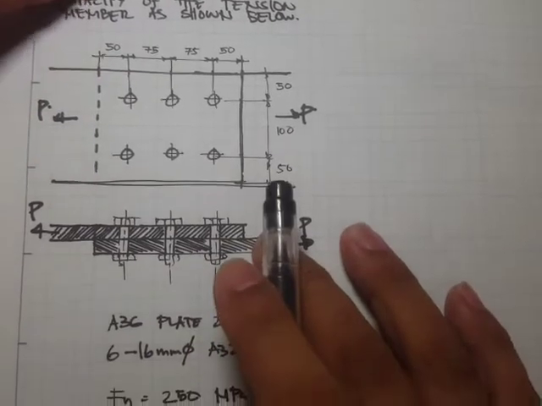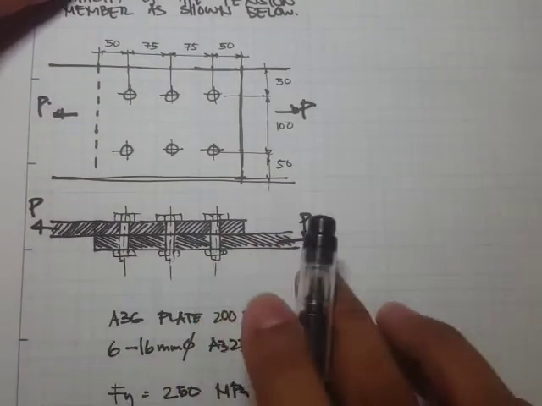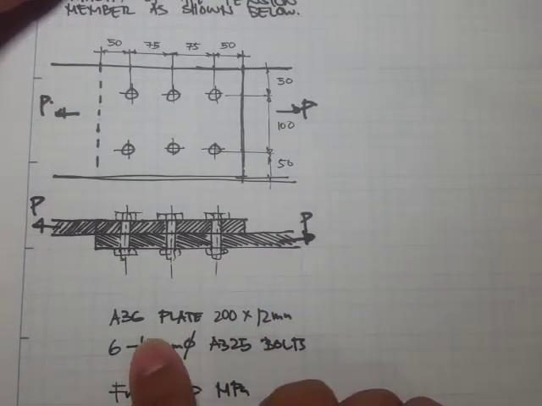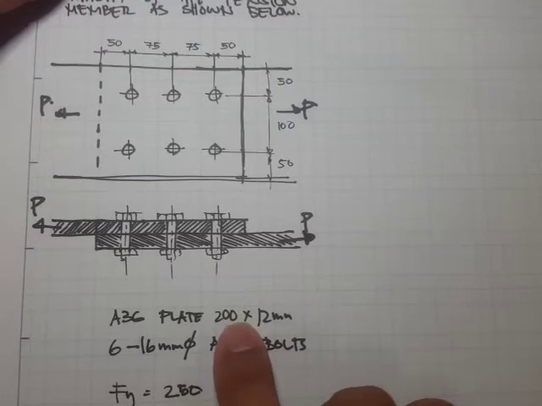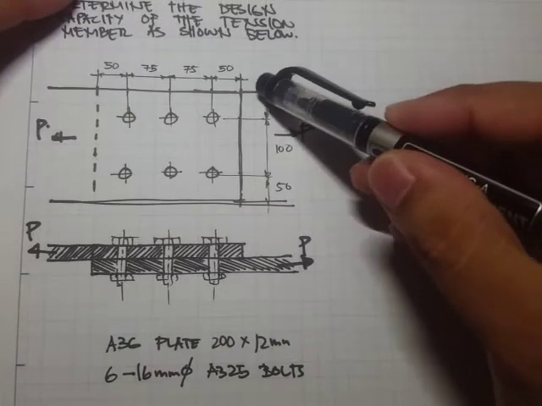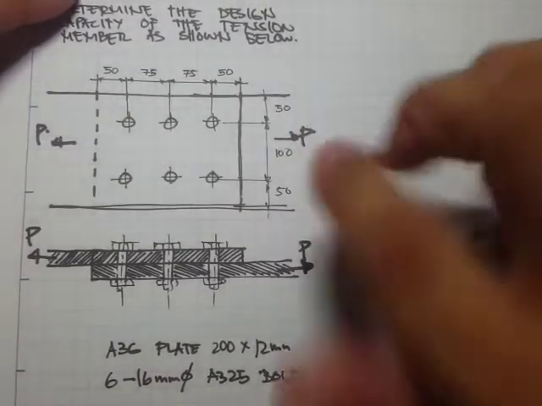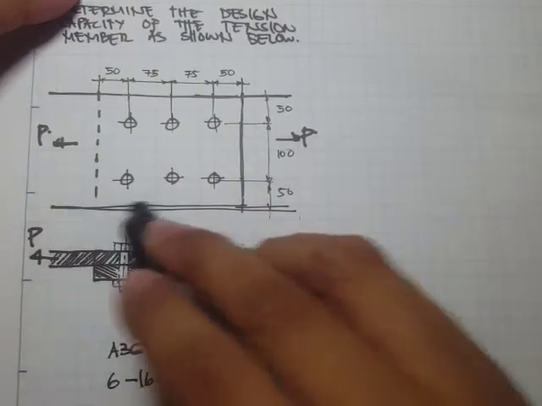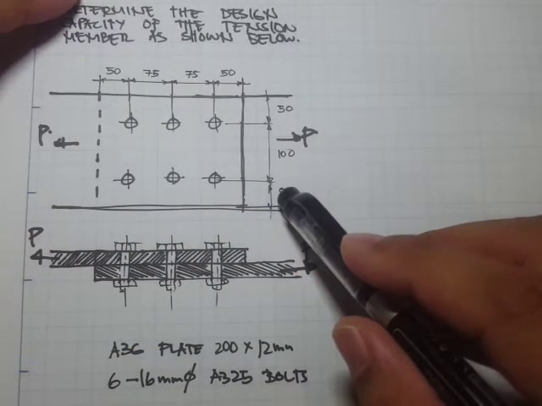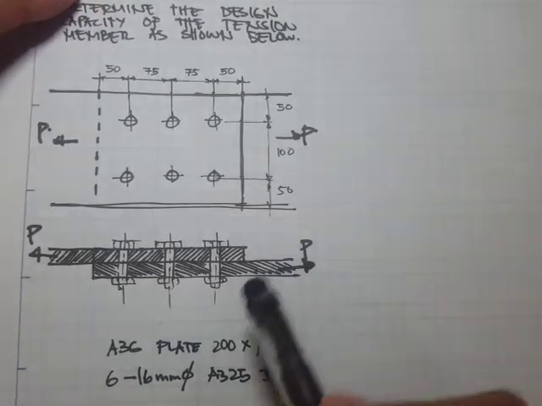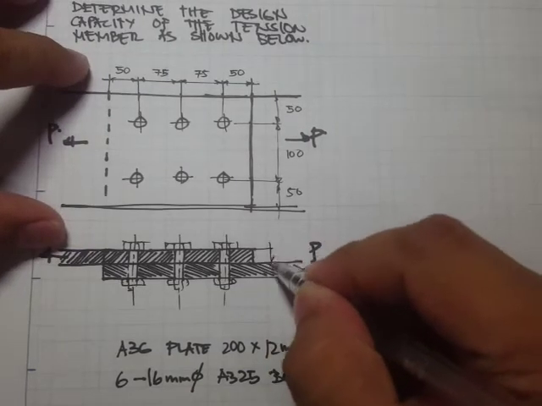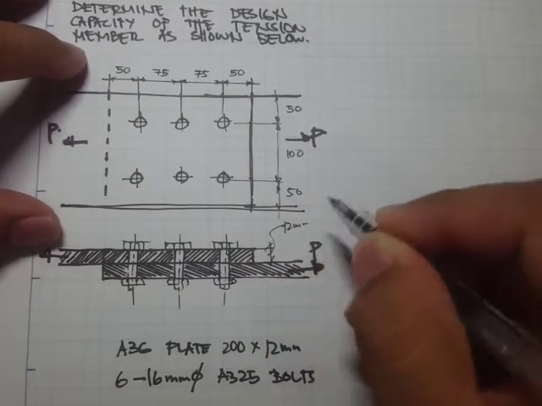But here we're just given the same thickness, and the problem says we have an A36 plate 200 by 12 mm. Meaning the width, from this edge to this bottom edge, is 200 mm, and the thickness is 12 mm.